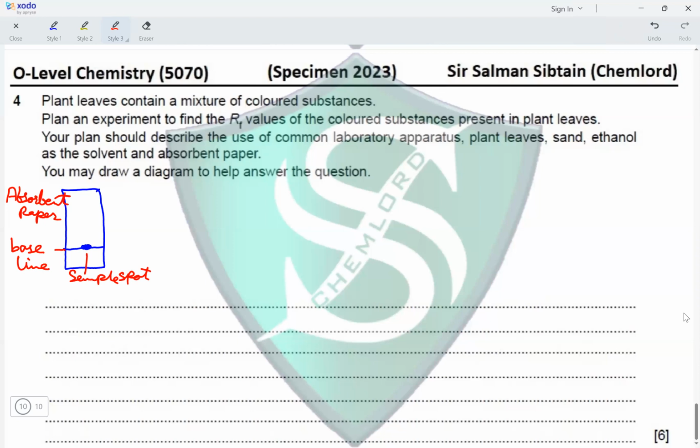In the next diagram, we will draw this same paper, but it is now placed inside a beaker, and this beaker contains ethanol, and make sure that the level of ethanol is below the baseline.